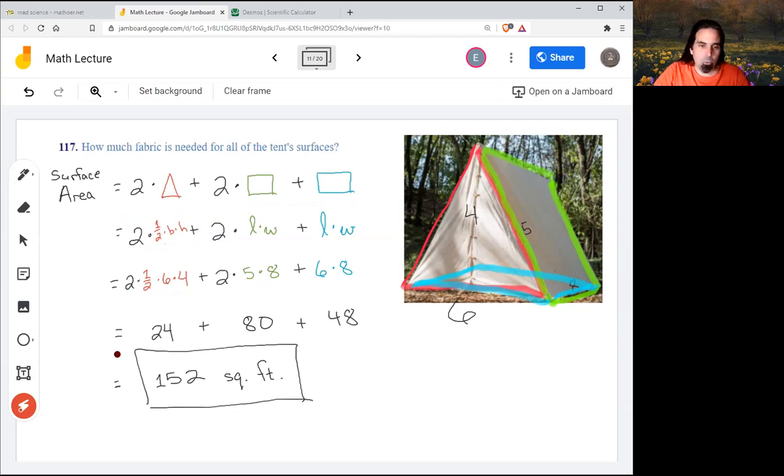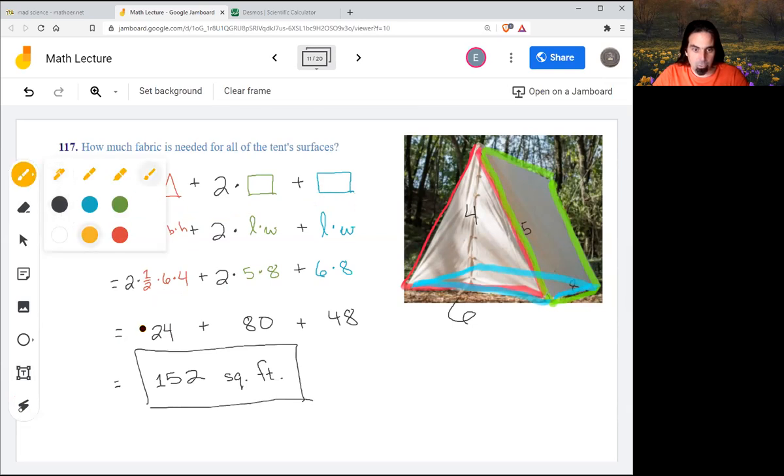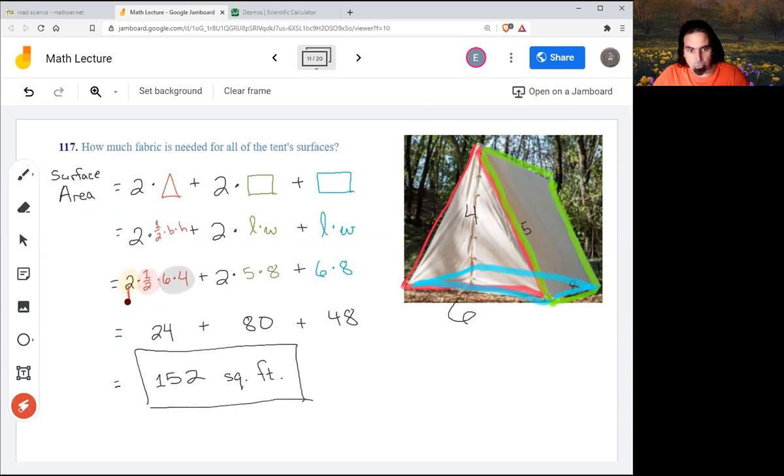As I mentioned before, we have 3 different kinds of numbers going on here. This 2 with a yellow highlight is because we have 2 triangles.